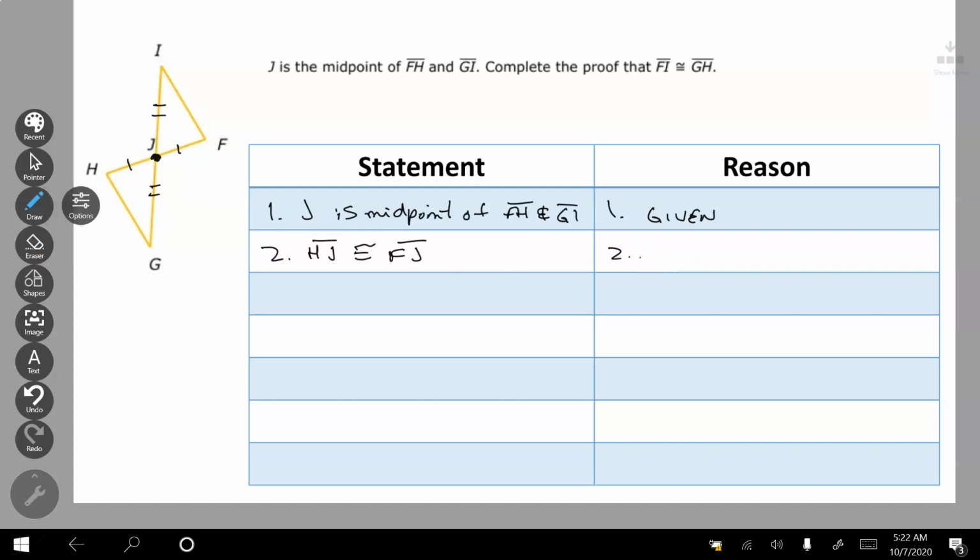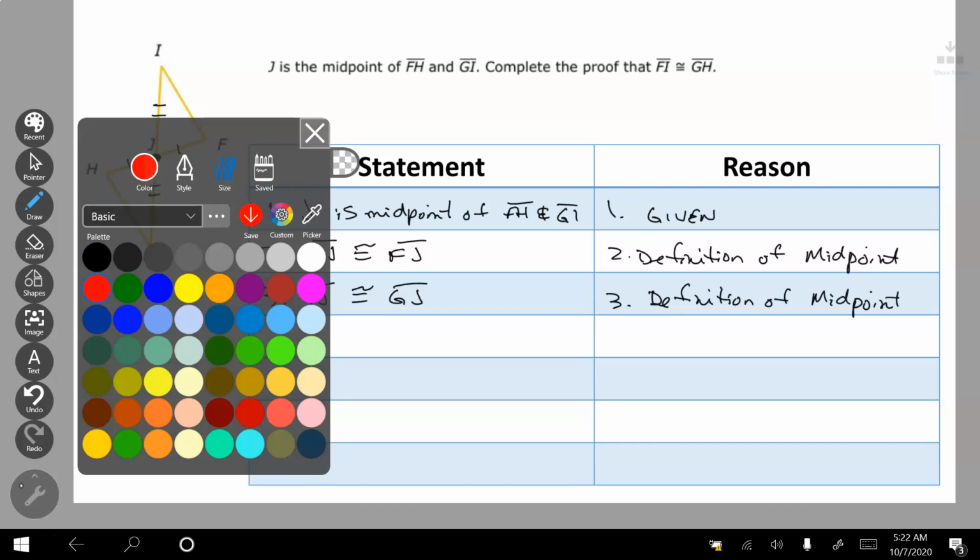And that is just definition of a midpoint. Well, guess what? I'm going to use that same idea again by saying IJ is congruent to GJ by my definition of a midpoint.